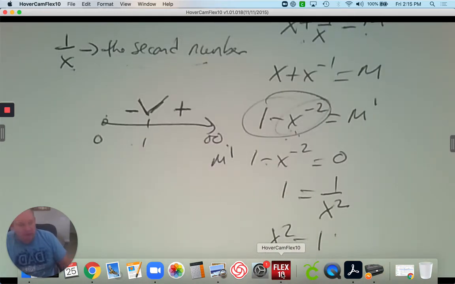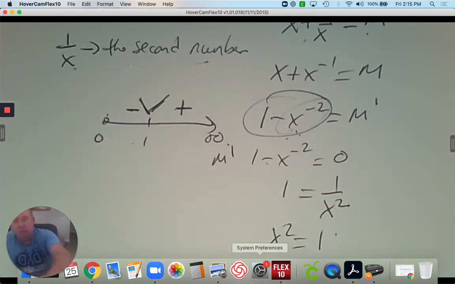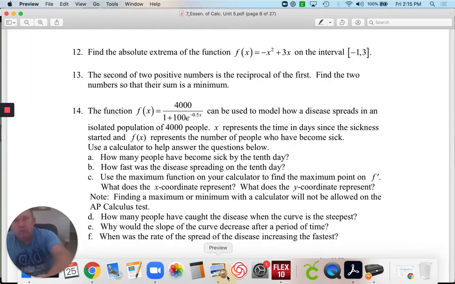So the question is, find the two numbers so their sum is a minimum. So if x is 1, the reciprocal of that is also 1. So the two numbers are 1 and 1.